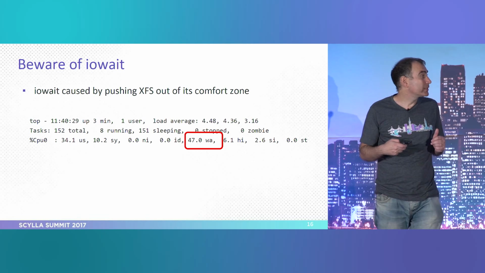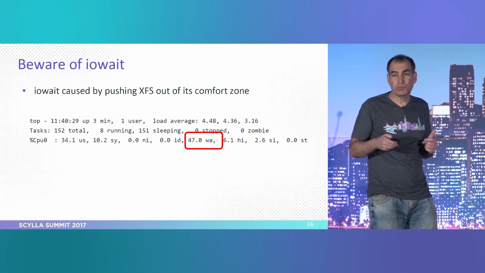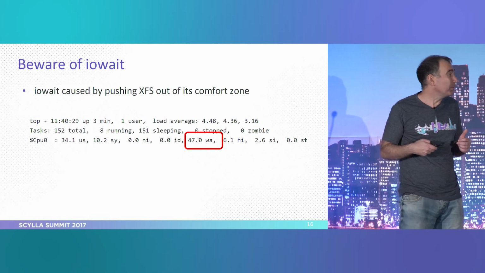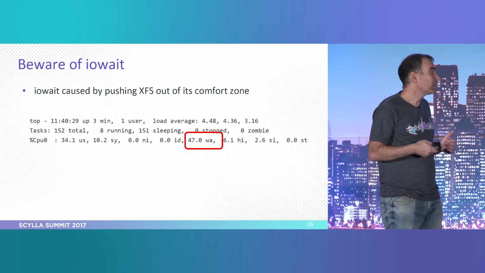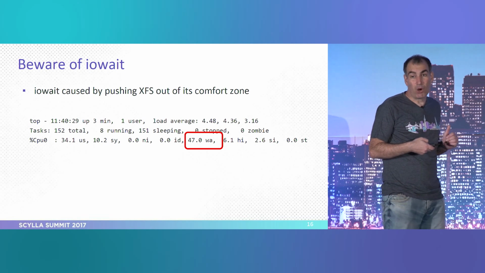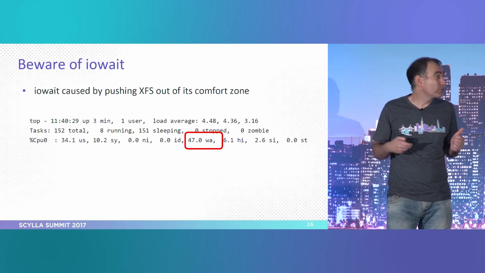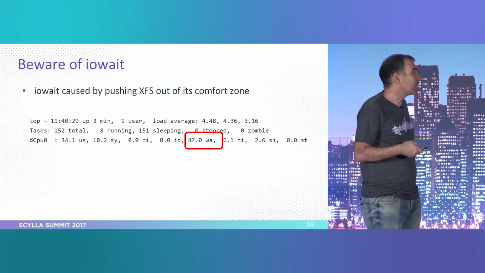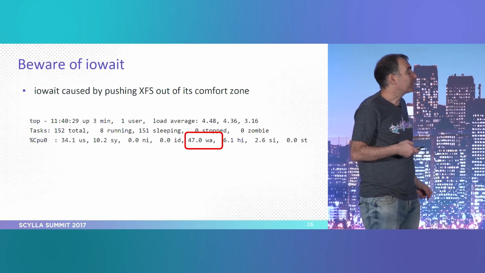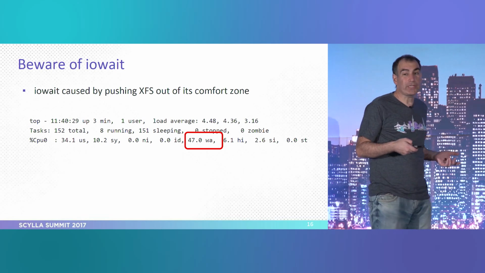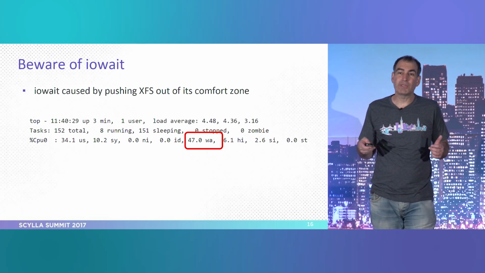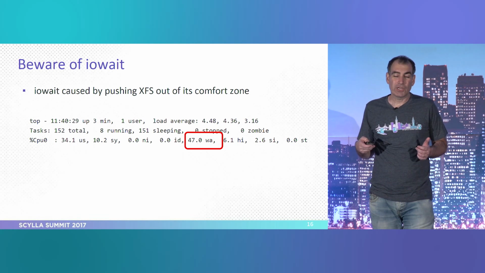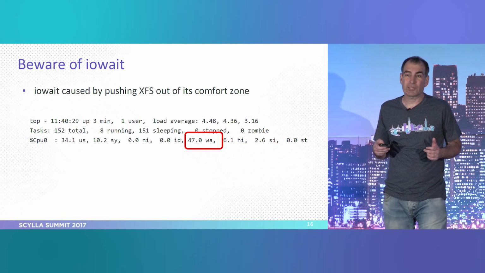So usually you will see iowait in the range of 0 to 0.1, 0.2% of the CPU. But if we got something wrong, if we got automatic tuning wrong, then you will see a lot of iowait. Basically, Scylla here is waiting for the disk to complete reads or writes, and is not able to do any processing in parallel.